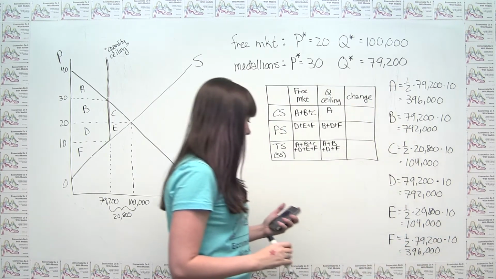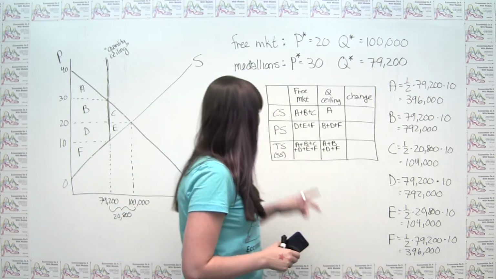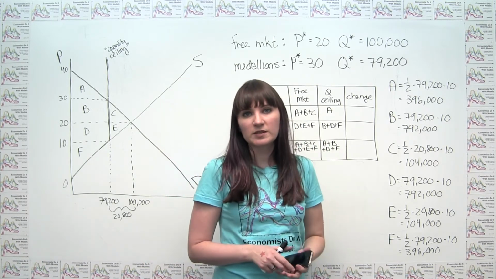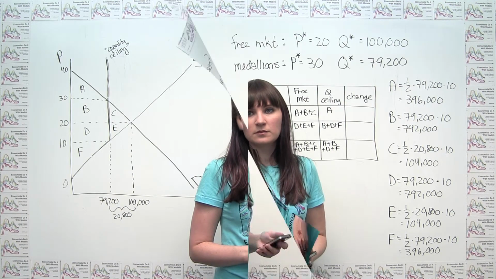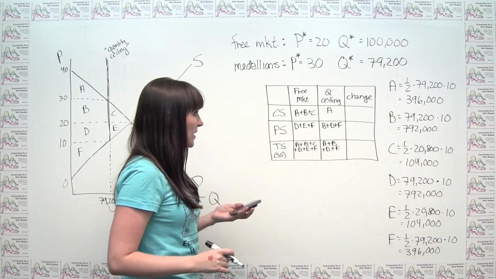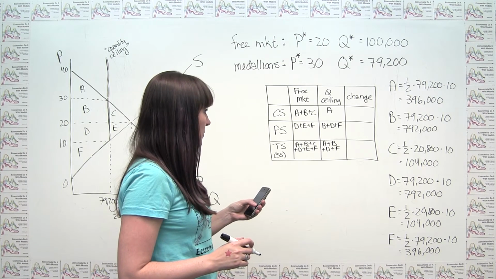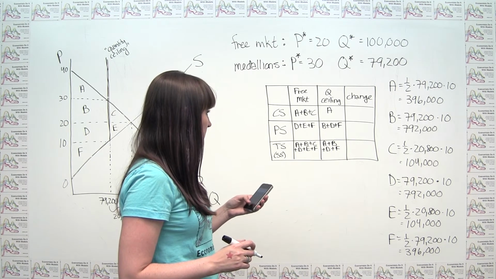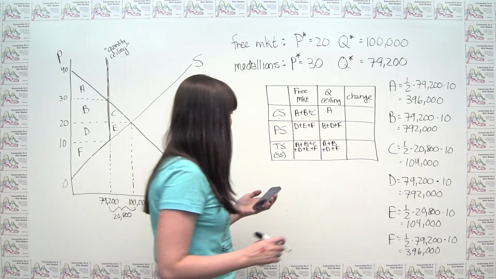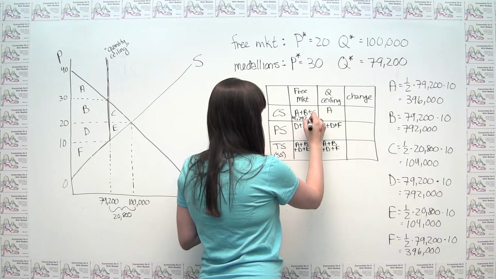So we're making progress, because now we have the individual area for each of these, and we can add them up to find out what's happening with our consumer surplus and producer surplus. Given these numbers, area A plus B plus C is 396,000 plus 792,000 plus 104,000, which is 1,292,000.